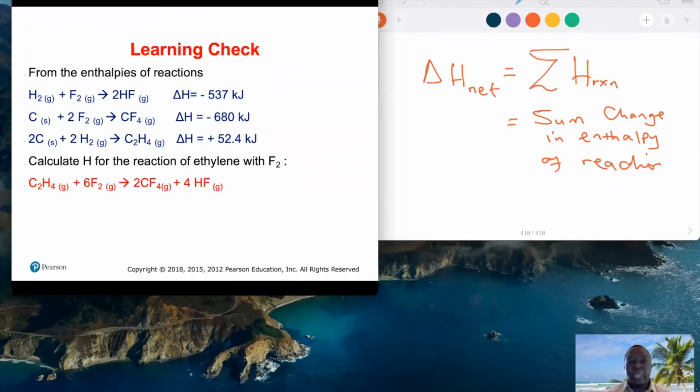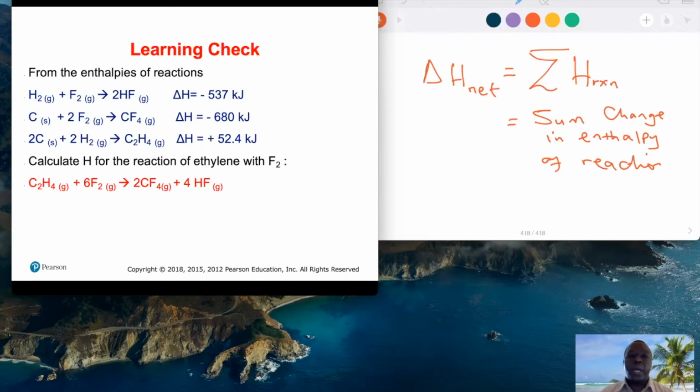Now, in Hess's law, you will be given a series of individual equations, and then the overall one, the highlighted one on the PowerPoint slide, is what the question is asking. Calculate the enthalpy for what? This overall equation based on these individual ones.